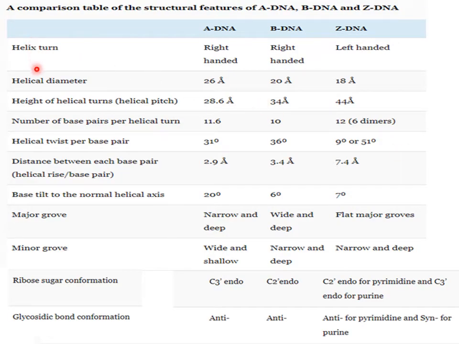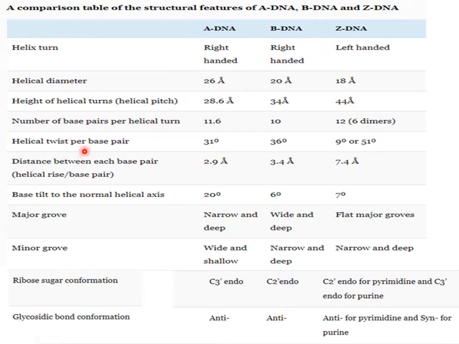Now, these are the various parameters which differentiate the three forms of DNA. The helical turns, that is, whether it is left-handed or right-handed. Then what will be the diameter, depending upon the C2' endo conformation and the C3' endo conformation. Then the height of the helical turn, that is the pitch of the helix, and how many base pairs are present in the helical turn.